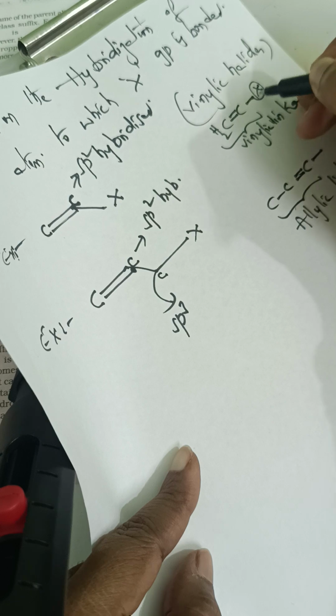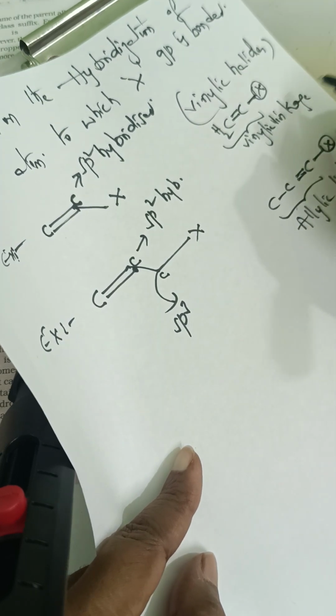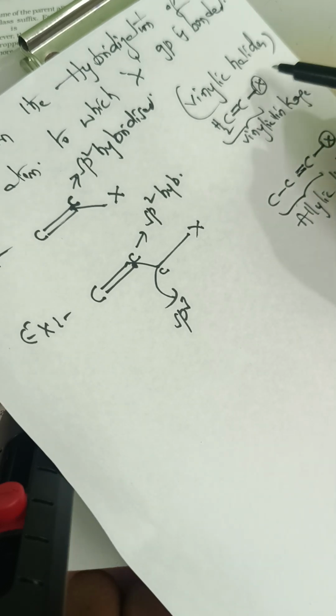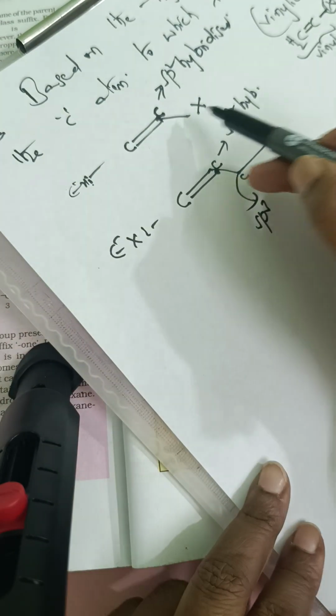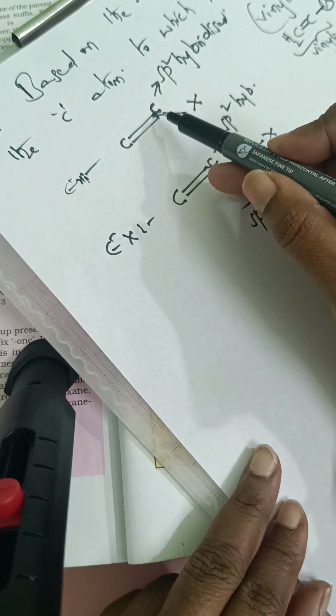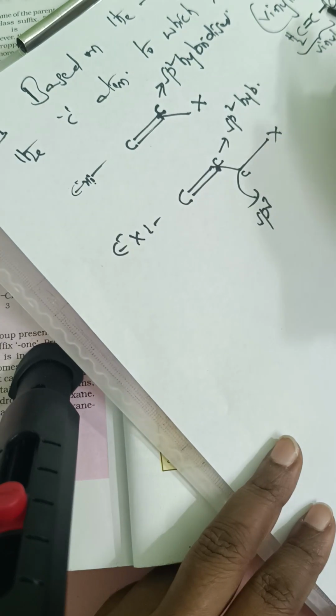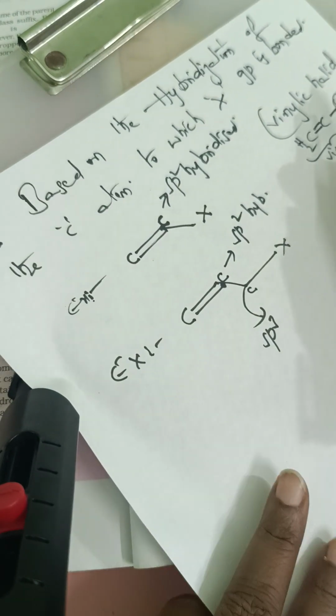Here you can take any group, halogens or alkyl groups or whatever you want, or functional groups. Here halogen is bonded to the sp2 hybridized carbon. These halides are considered vinylic halides.